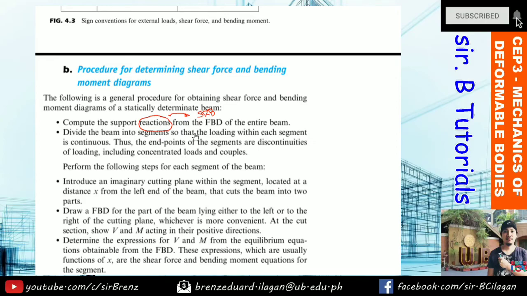So, di ba kapag nagsasection tayo, tandaan nyo doon sa method of analysis of structure, sa analysis of stress, di ba merong section method? Pwede yung gawin mo, it's either yung left side or yung right side yung i-consider mo. So parang ganito lang din yung application niya sa pagkuha ng shear and moment.